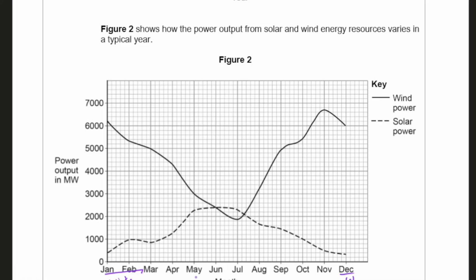Now May, June, July, I would say June, July, August, that's the summer months, or to the start, that's the spring, and this is the autumn months.